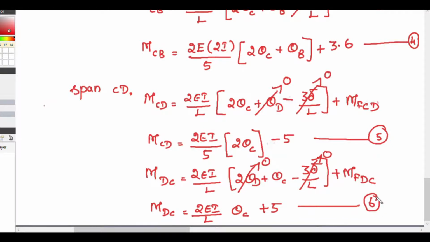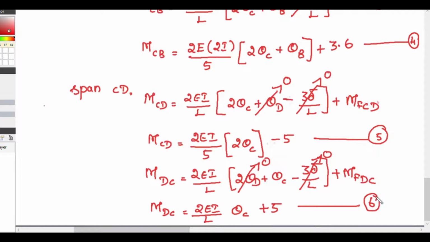Now see, we have 6 equations. In all the 6 equations, the left side is the end moments, MAB, MBC, like that. And on the right side of the equation, our equations are in terms of theta B and theta C. So we have two unknowns, theta B and theta C. For these two unknowns, we need two more equilibrium equations to solve all these 6 equations.